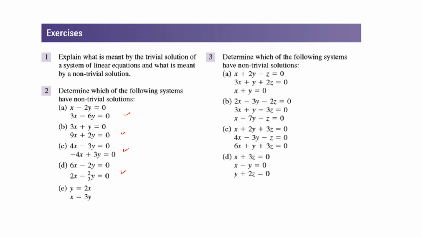So if we shift this minus 2x to the left side, it will become minus 2x plus y equals 0. The x and 3y will be shifted to the other side, so x minus 3y equals 0.